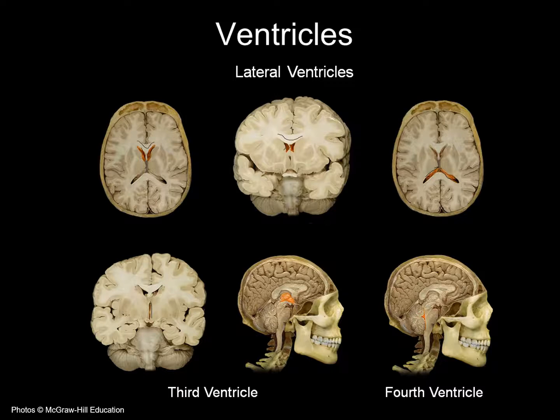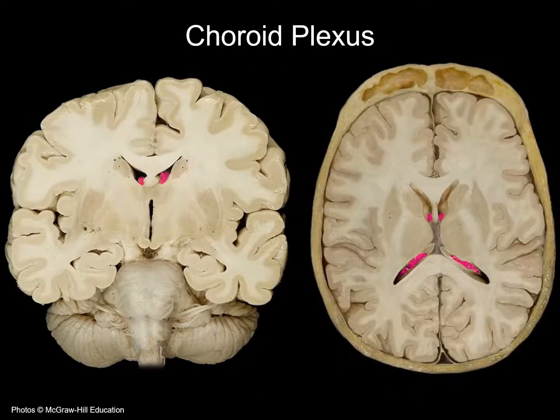It's just this little triangular space located inferiorly and posteriorly to your third ventricle. Choroid plexus, basically this is just showing you the location of the choroid plexus. Again, this is just the blood capillaries that line the bottom of your ventricles.